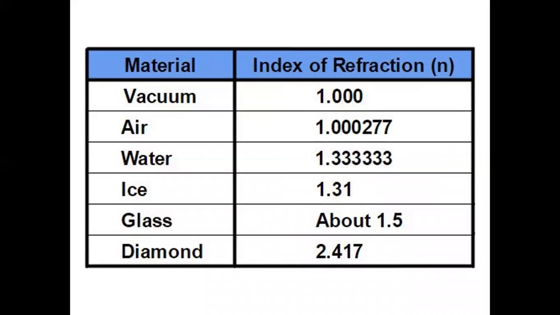So here's the index of refraction for some materials. The vacuum refractive index is 1, air is about 1 as well, water is 1.33, ice is 1.31, glass is about 1.5, and diamond is 2.417.